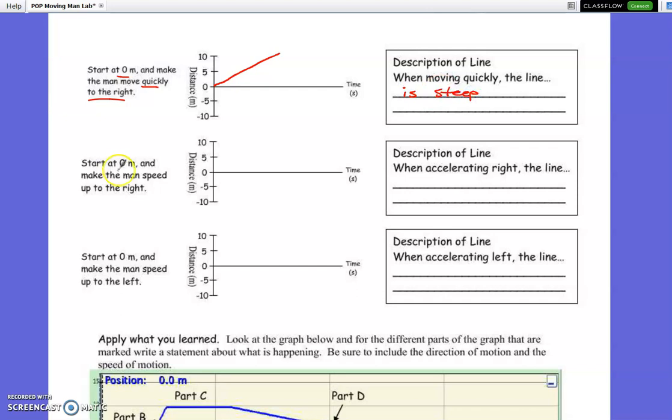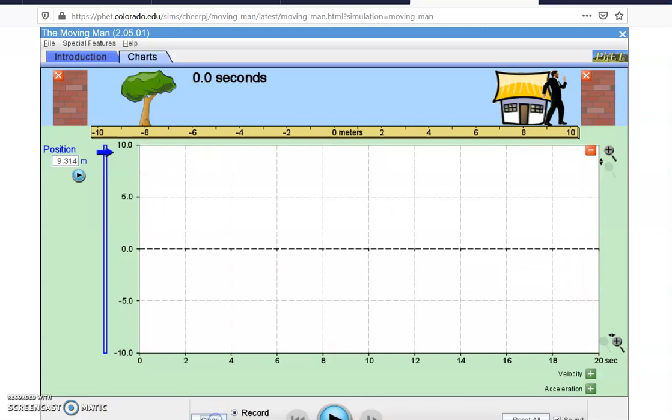Now for the next one, we're going to start at 0 and make the man speed up to the right. So we'll start by going slow, and then we'll speed up as we progress. We'll clear our work here and start at 0. So we're going to start out as slow.